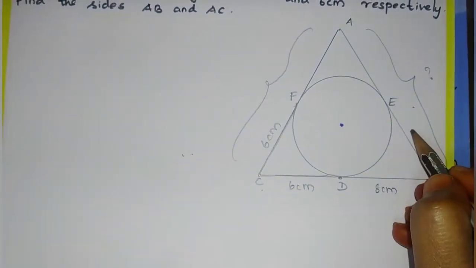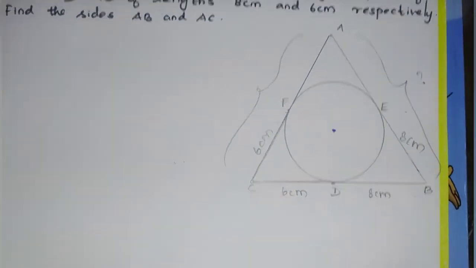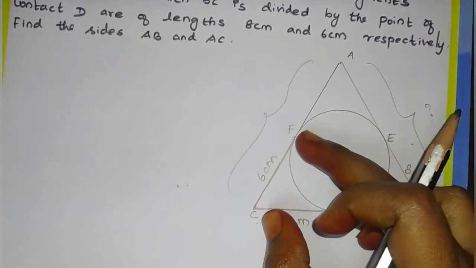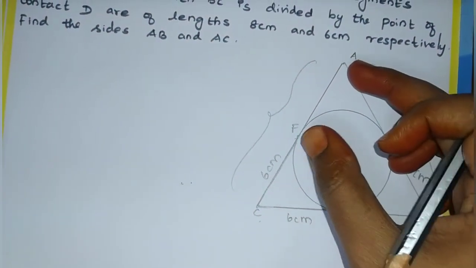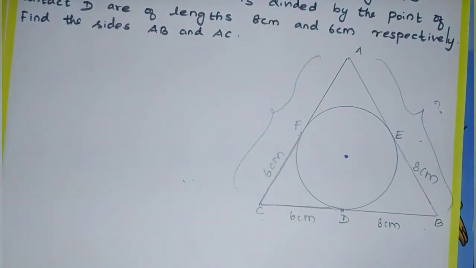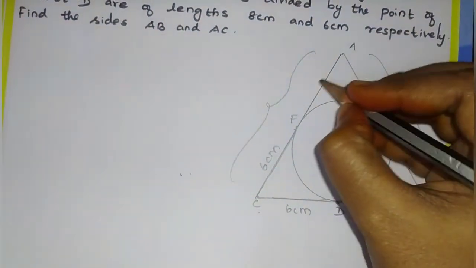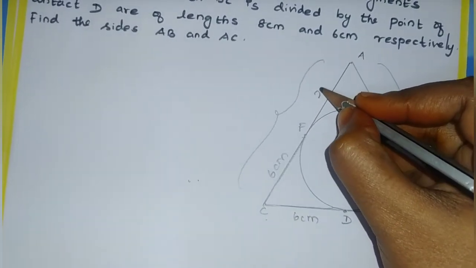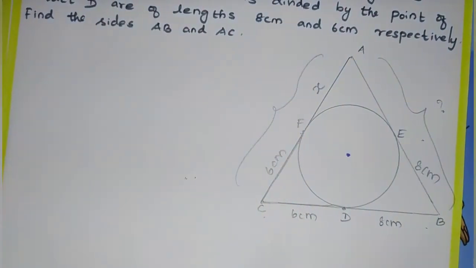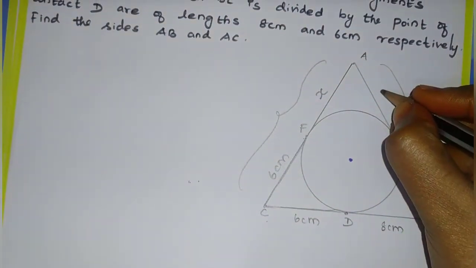If this is 8 centimeter, this one also 8 centimeter. So we now know a portion; the remaining portion, AF, we have to find. So I am going to take this as x, and this one also must be x.